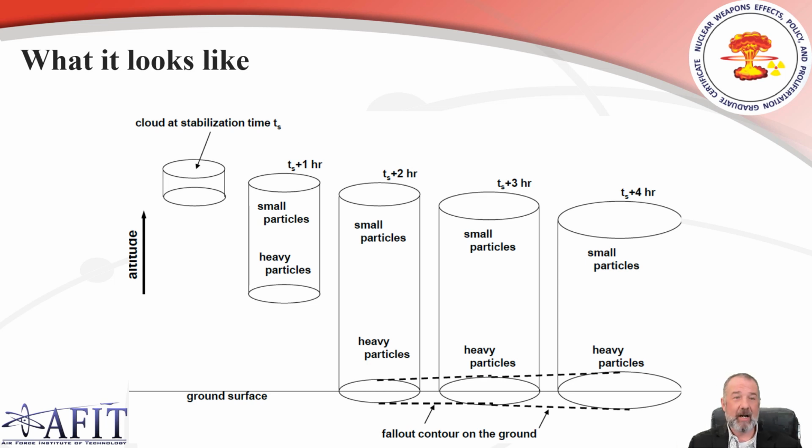And then over time, as our cloud becomes less and less dense, our small particles are going to start coming out as well, assuming they're not in a vapor state and aggregating. This is still occurring as we move forward in time until finally we have no cloud. All of the material that's not vapor anymore is finally deposited on the ground.